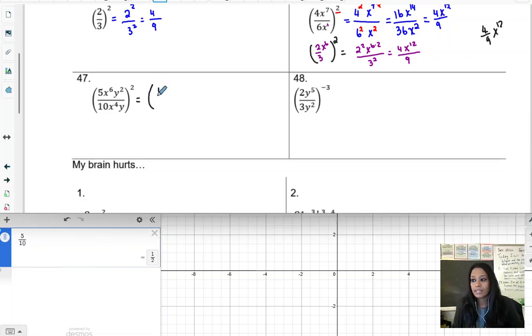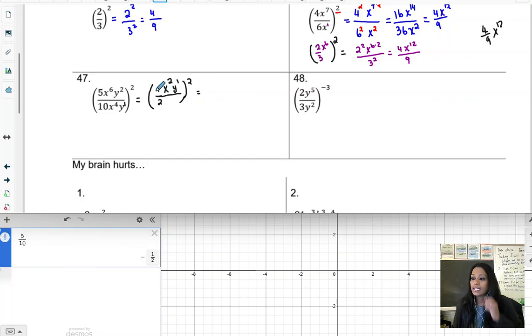I'm going to keep the parentheses. 6 minus 4 is x to the power of 2. And then remember there's a 1 here. 2 minus 1 is 1. So y to the first power. And then this whole thing gets raised to the second power.